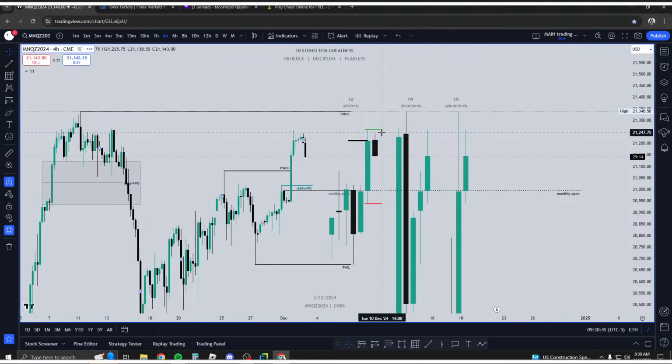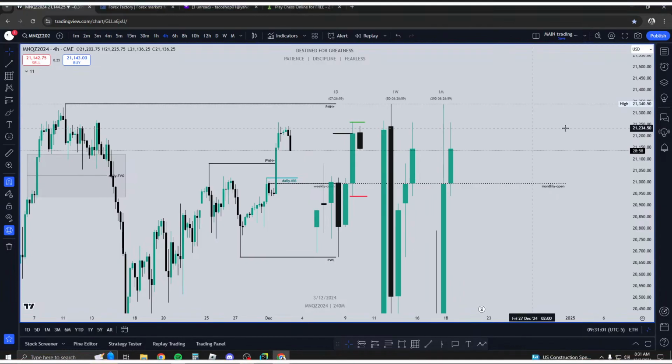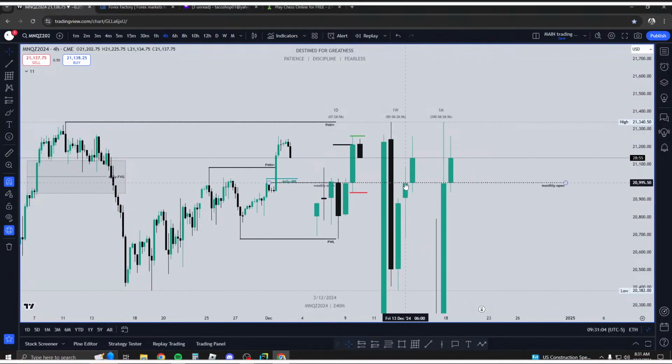My bias is bullish until we take out previous day high. After we take out previous day high, I'm not completely sure where we're going to go, but that is my objective. One thing I want to keep in mind is that my weekly objective has been completed. We have taken out previous week's high, which was my weekly objective.